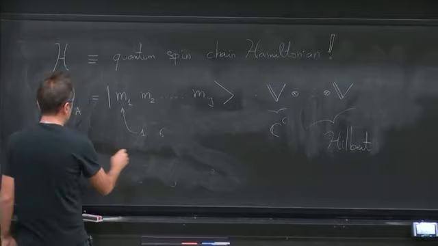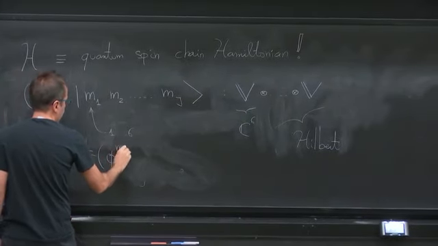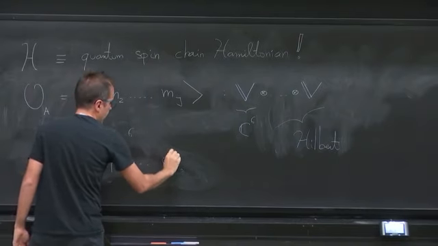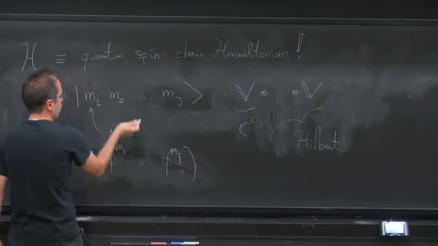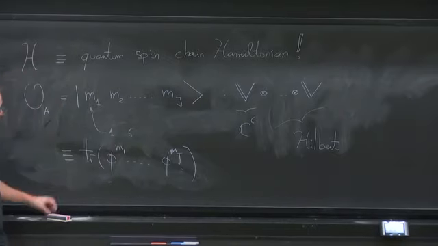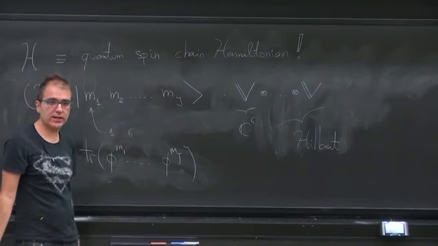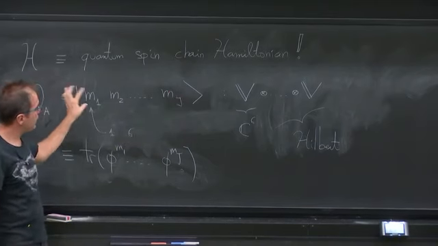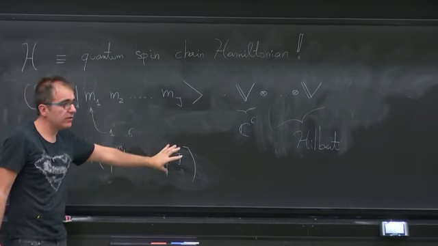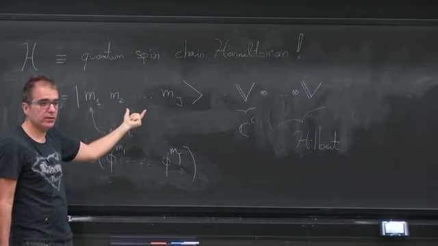This is the same as trace phi M1 phi Mj, right? They have an order, so I can just write it like this. Just saying that I have position 1, position 2, position 3, etc. And I just keep track like a ket, like this. And then my H acts on this vector with index A and gives me a vector with index B. So it acts on this spin chain.